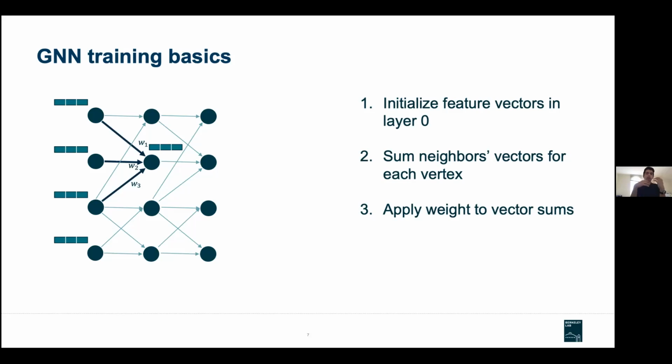Then there's also this 3rd step where we apply weights to these vector sums. That is, we multiply these vector sums with weight matrices. And these weights are what the neural network actually learns over time. These are essentially the parameters for the network. So that's what a GNN looks like. This is essentially how GNN training works.